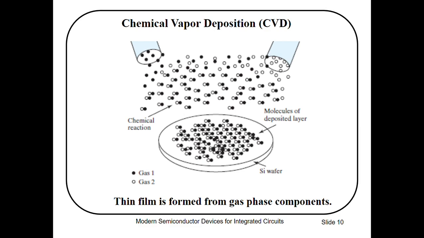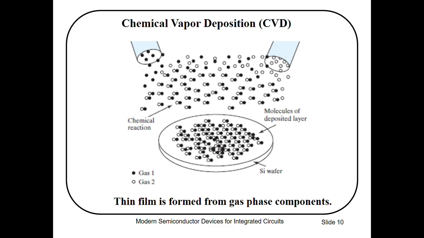CVD, chemical vapor deposition. CVD, on the other hand, deposits a much more conformal film, which covers the vertical and horizontal surfaces with basically no difference in the film thickness.